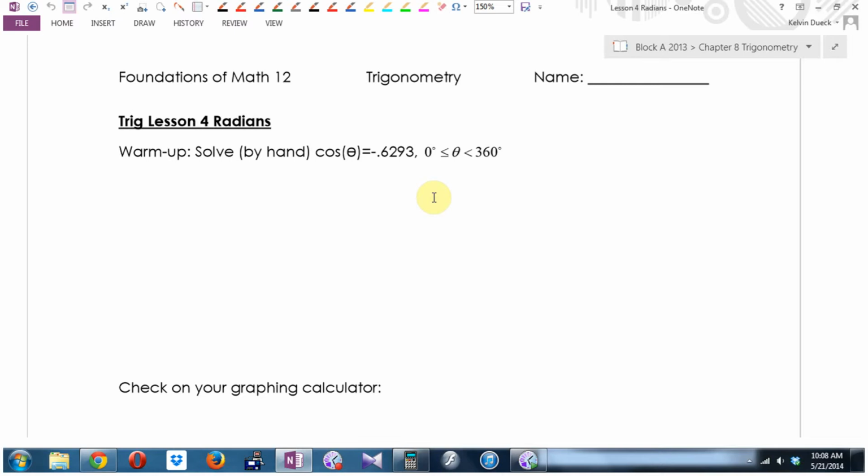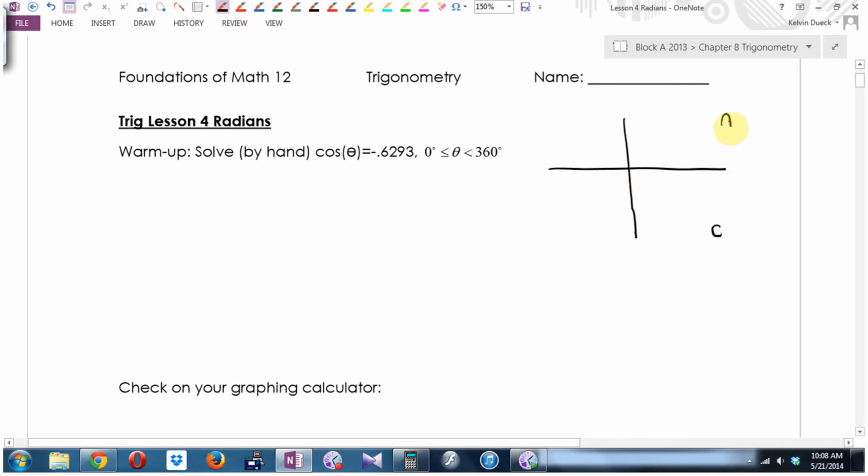We said the first thing that we want to do is figure out what quadrant we're in. How do I do that? Cast rule. Which trig function did they give me? Cosine.